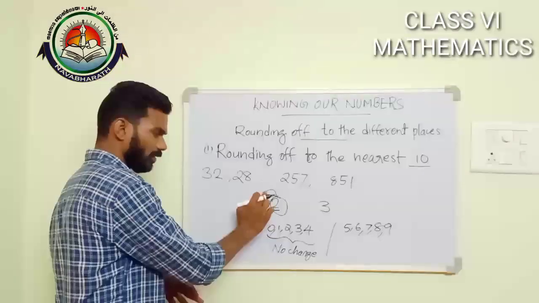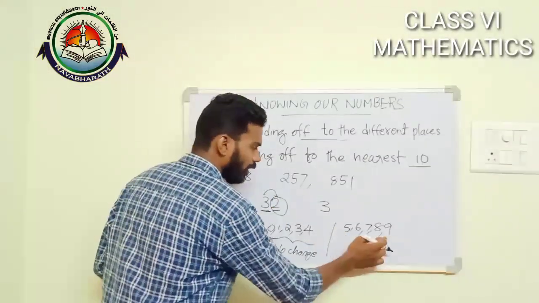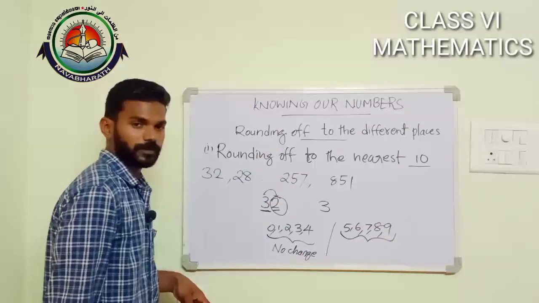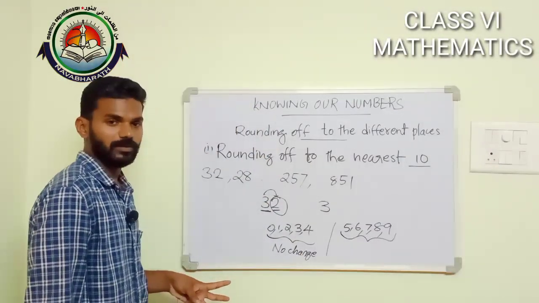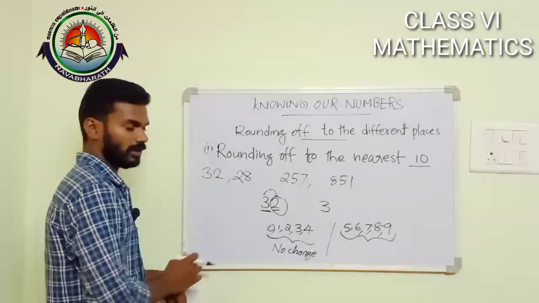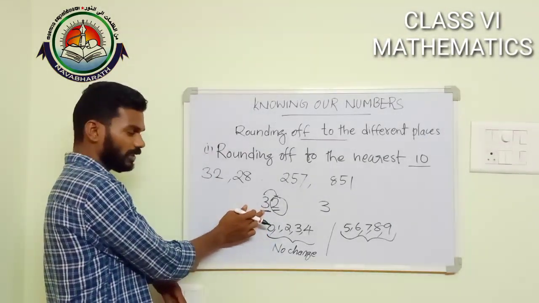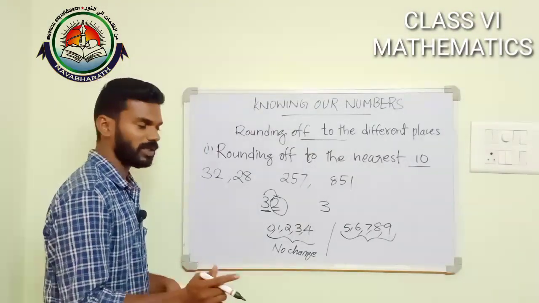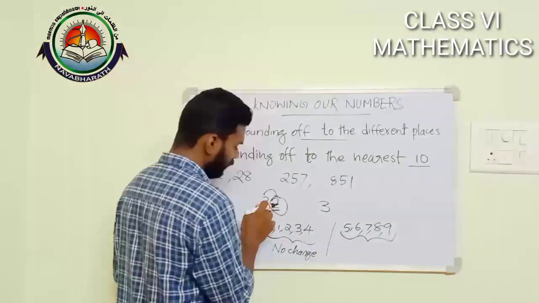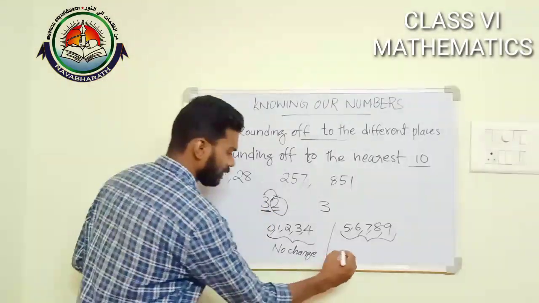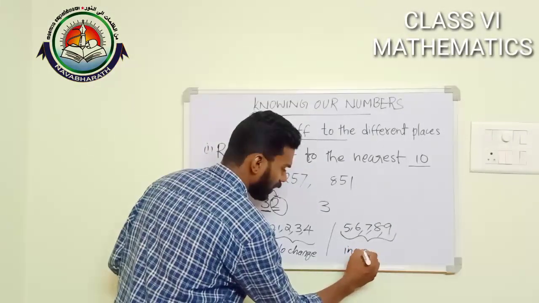If the digit next is any of these, then we need to increase this digit at the tens place by 1. Increase means it would become 4. But here we do not want to increase. Clear? Increase the digit by 1.